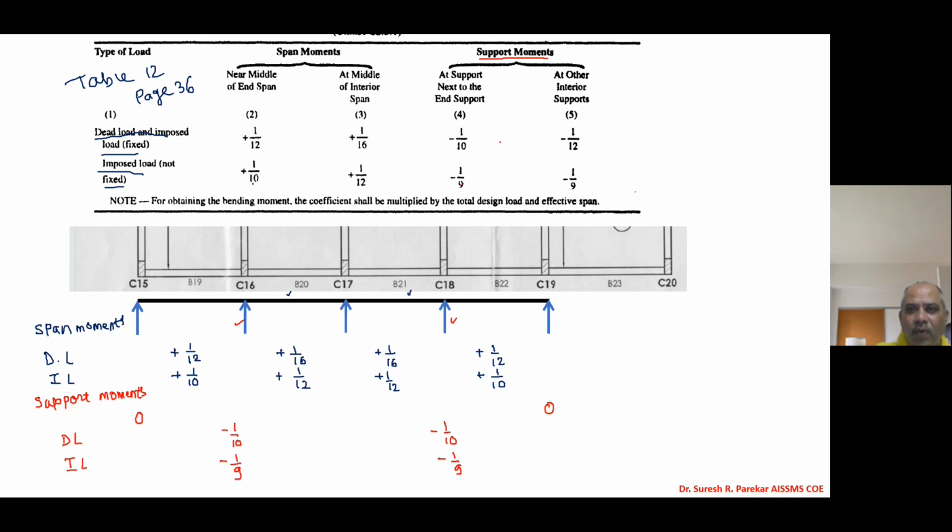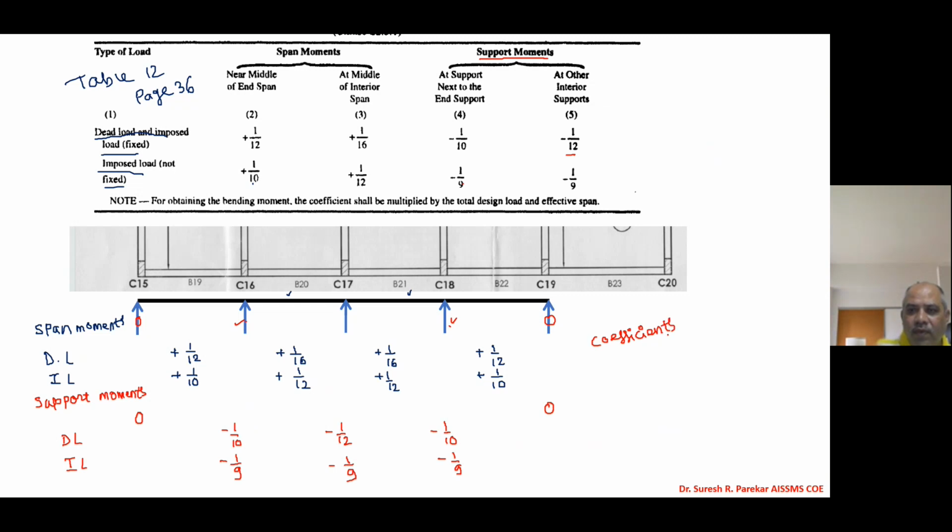And then at any other interior support, due to dead load we have -1/12, and due to imposed load again -1/9. So these are the coefficients.